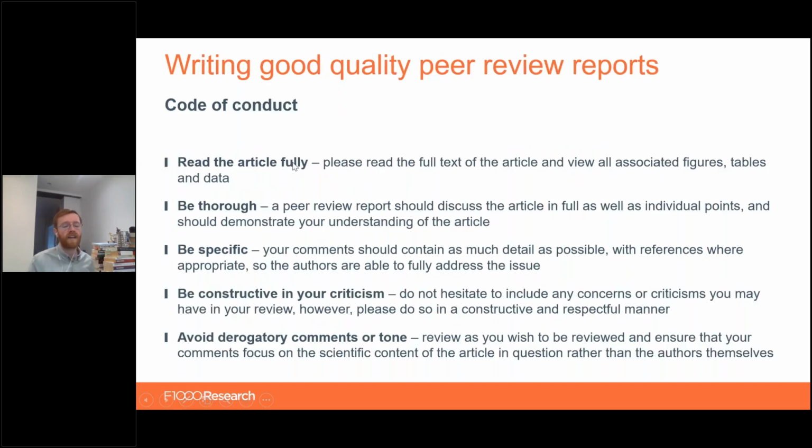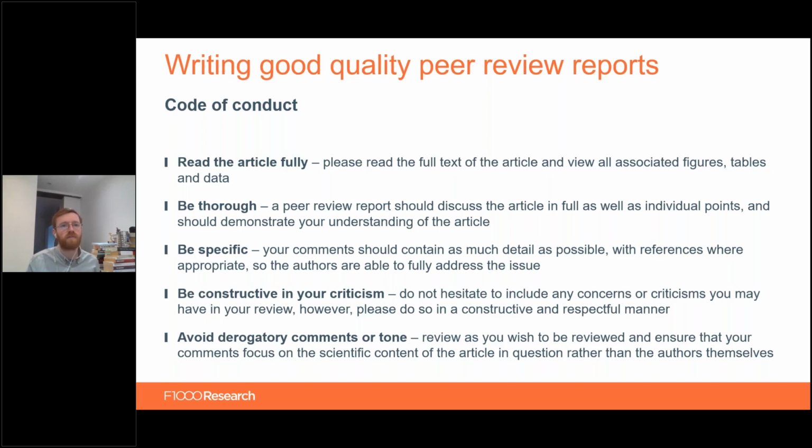Now, whilst we tailor the mandatory questions associated with a peer review report to the different type of article, what we do hold for all of our reports is that they should follow our peer reviewer code of conduct, which is based upon some ethical guidelines, and is basically in line with everything that I'm saying here, meant to make sure that peer review is as useful as possible to everyone involved.